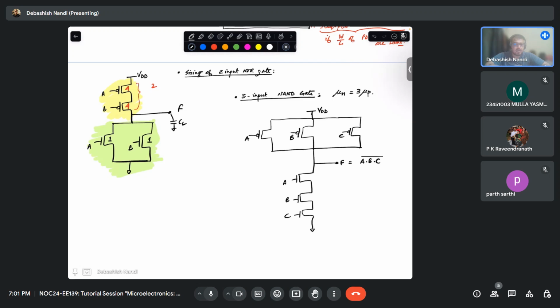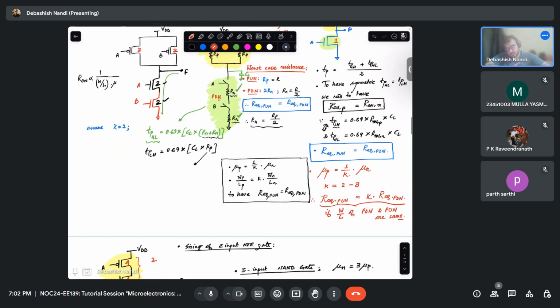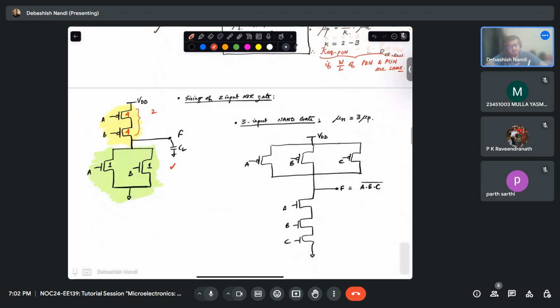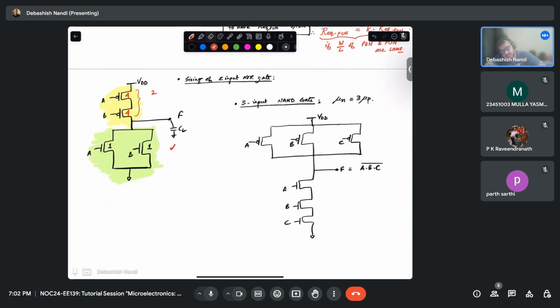So please tell me how to size this. If you have understood this and this, you should be able to tell me based upon this condition what should be the sizing.